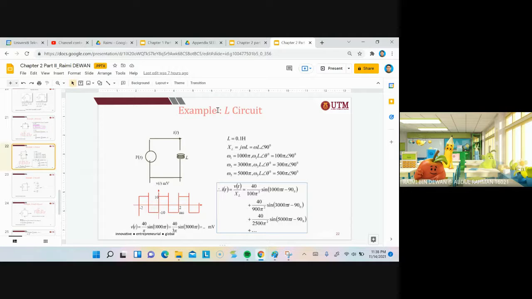For the L circuits, you have XL equals J omega L, and then omega L at 90 degrees.